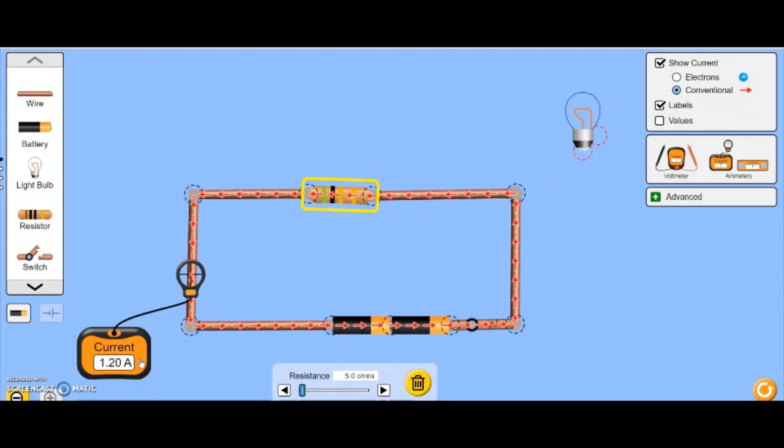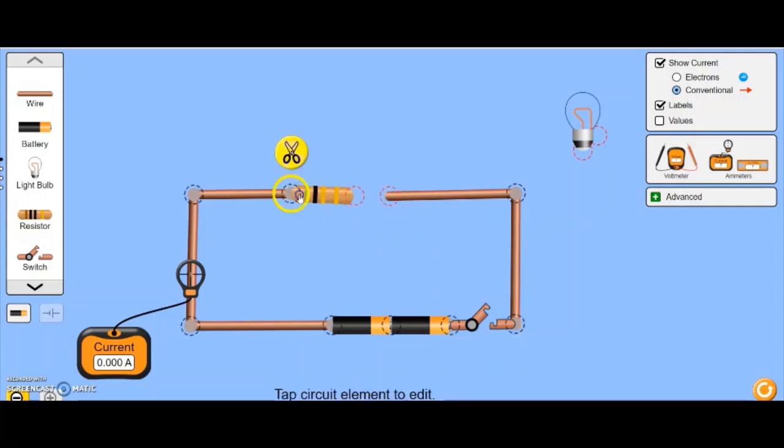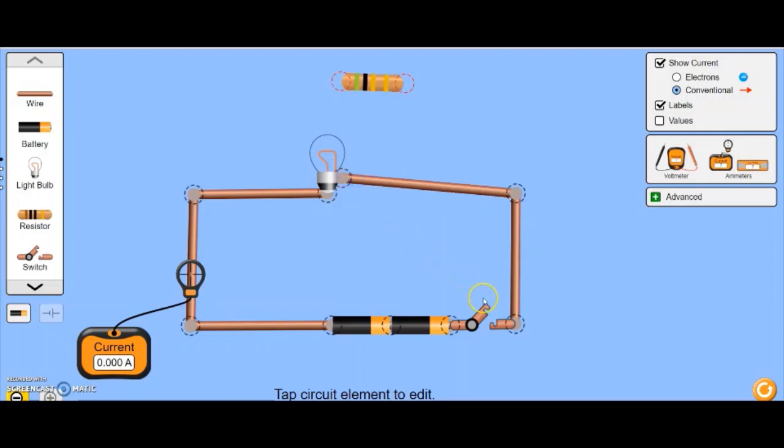Now replace this with the bulb. First of all disconnect the circuit. Now we cut from here and connect a bulb to it. So the bulb is fixed. Now turn on the switch.